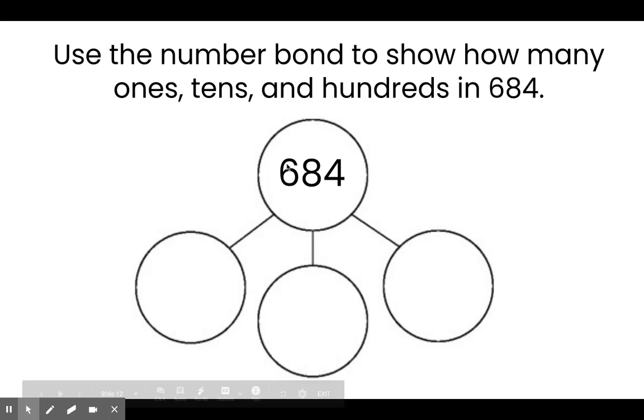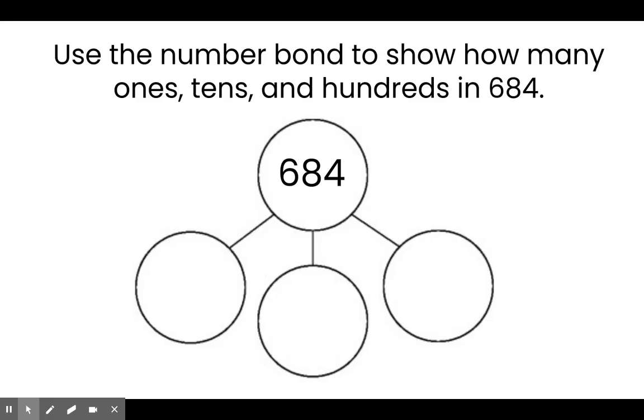I want you to use this number bond to show how many ones, tens, and hundreds are in 684. Remember, we're breaking it apart, thinking about it expanded. How many hundreds? How many tens? How many ones? Take a second to fill out your number bond. If you need more time, just pause the video.